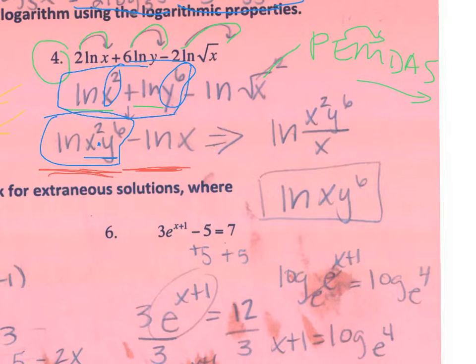And then again, subtraction goes with division. And x squared y to the 6 is in the numerator because it comes first. And the x is in the denominator. There's one x that we can cancel in the numerator and denominator, leaving one left on top, nothing on the bottom, and the y to the 6 on top. So we have ln x y to the 6.